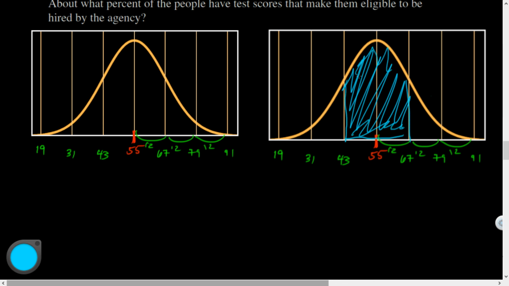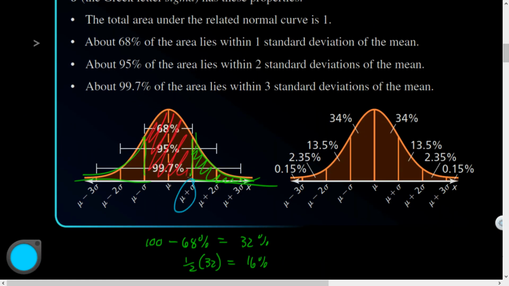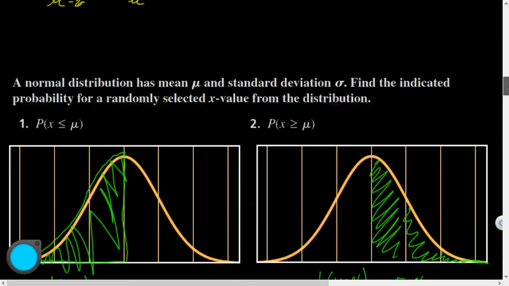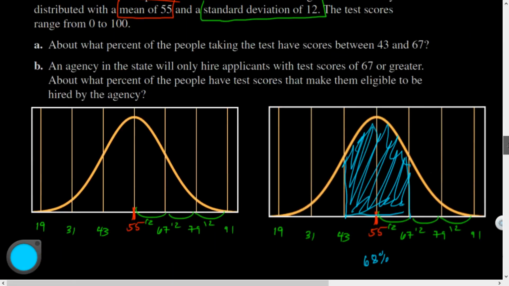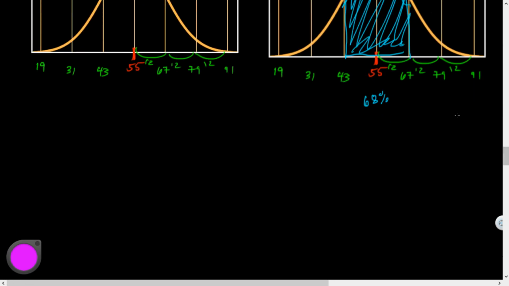Well, right, if this is my mean, and this was 1 standard deviation above and below the mean, I agree, that's going to be 68%, because 68% is 1 standard deviation above and below the mean. Let's take a look at part B. An agency in the state will only hire applicants with test scores of 67 or greater. About what percent of the people have a test score that make them eligible to be hired by the state?